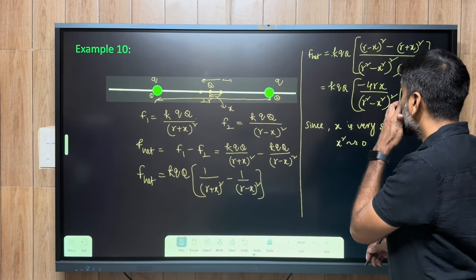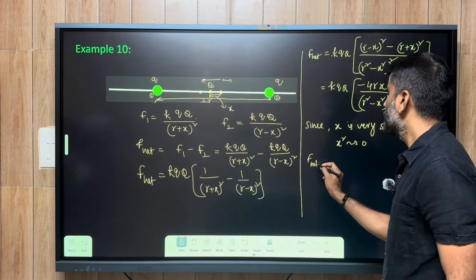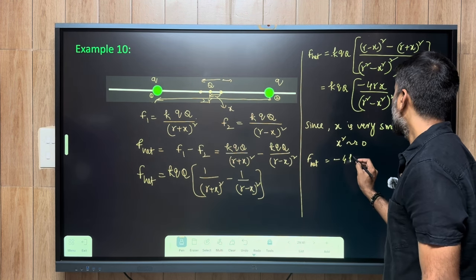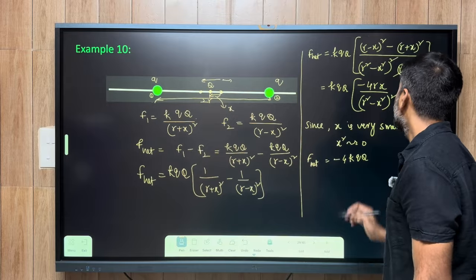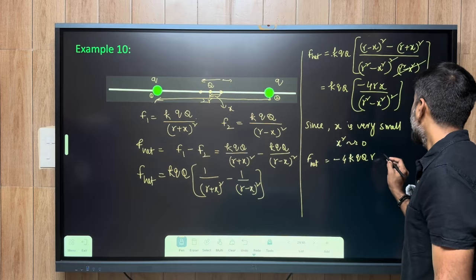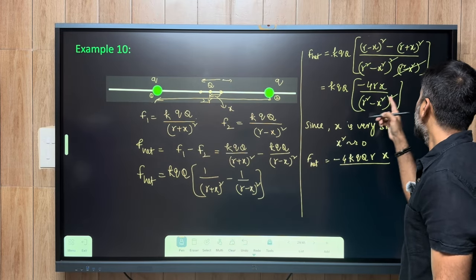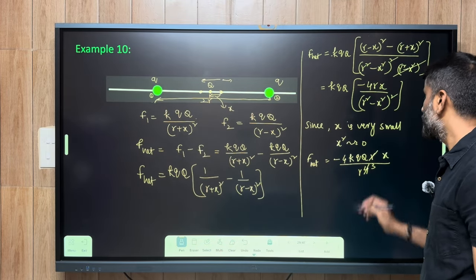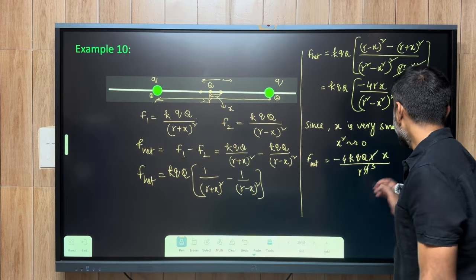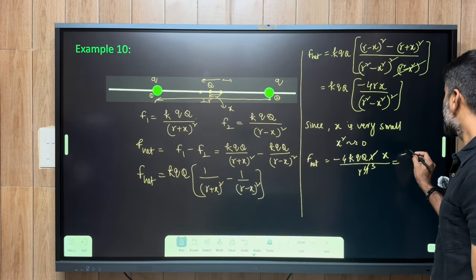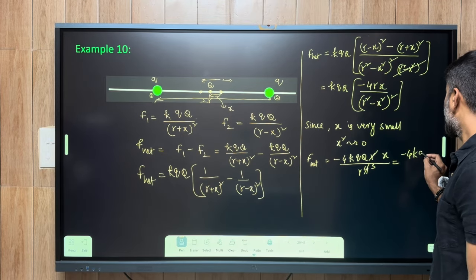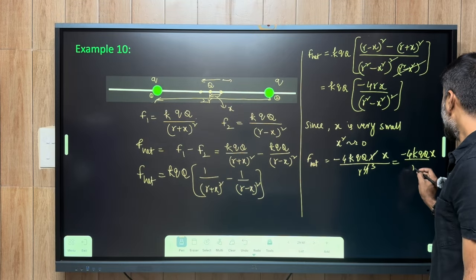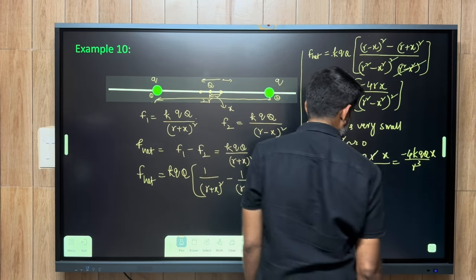Then F net is equal to minus 4K q Q r x by r square whole square, which means r to the power 4. One r will get cancelled, 3 will remain. So we are left with minus 4K q Q x by r cube.